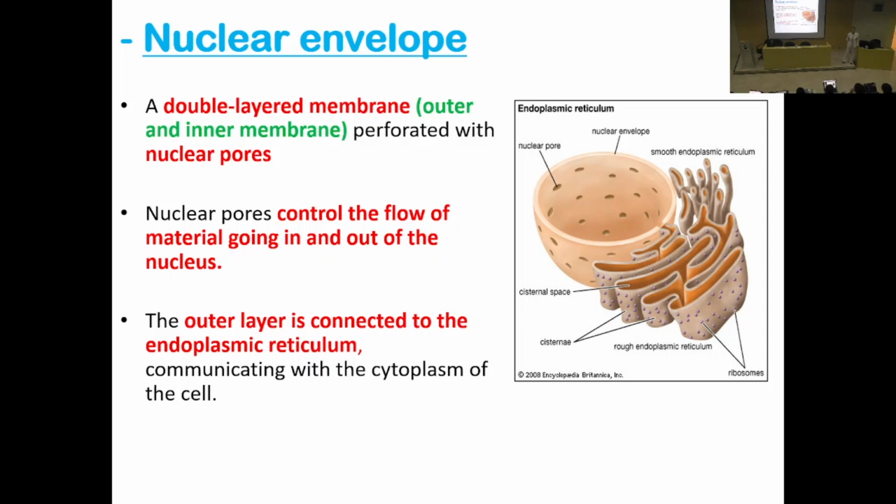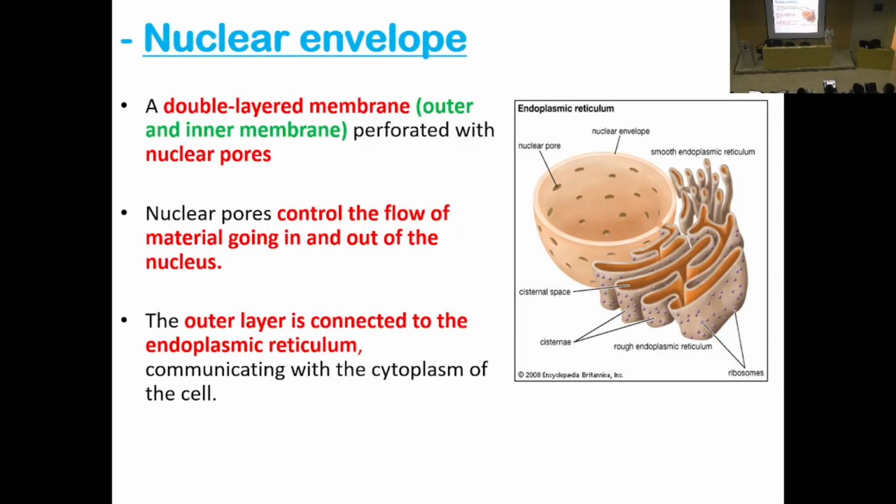The nuclear envelope is a double membrane. 1, 2. Two membranes. All right? So as you can see here, we have 1 and 2. It's a double layer membrane. I have an outer membrane and an inner membrane. And as you can see in this membrane, I have pores.